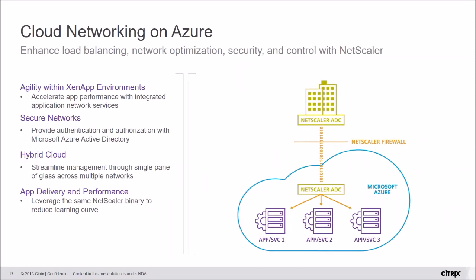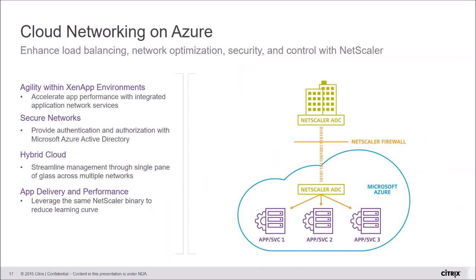Since May of last year, NetScaler has been available from the Azure Marketplace. So again, as you saw in one of the previous slides, if you go into Azure Marketplace and search for Citrix, you'll see that NetScaler is available there. The benefits are that it uses the same code base as the traditional on-premise virtual appliances or physical appliances.